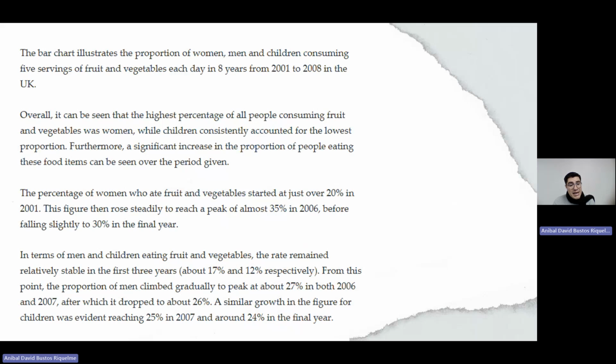In terms of men and children eating fruit and vegetables, the rate remained relatively stable in the first 3 years, about 17% and 12% respectively. From this point, the proportion of men climbed gradually to peak at about 27% in both 2006 and 2007, after which it dropped to about 26%. A similar growth in the figure for children was evident, reaching 25% in 2007 and around 24% in the final year.